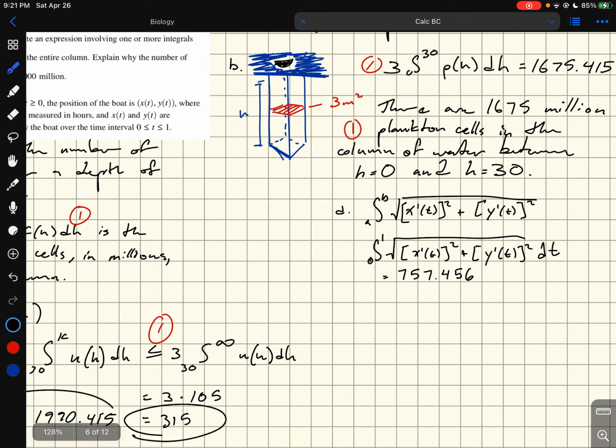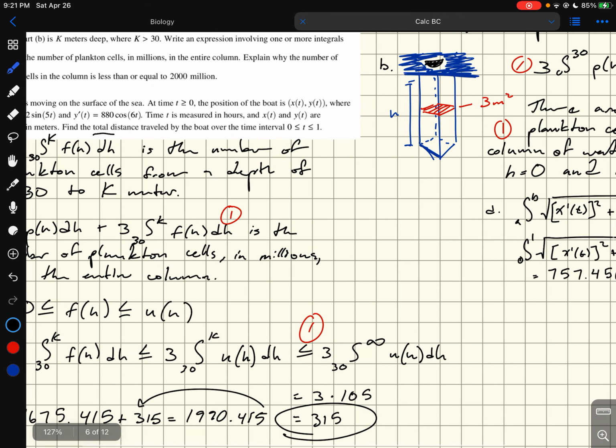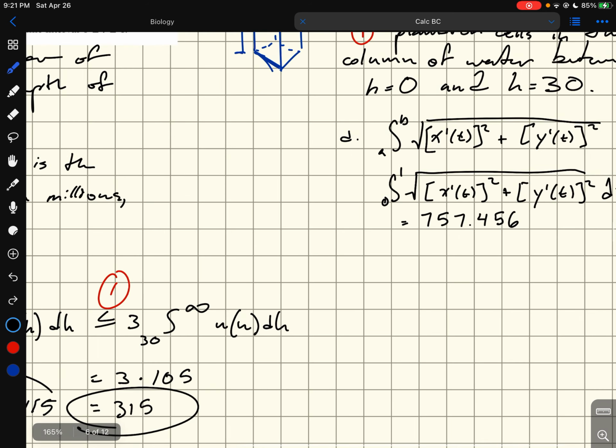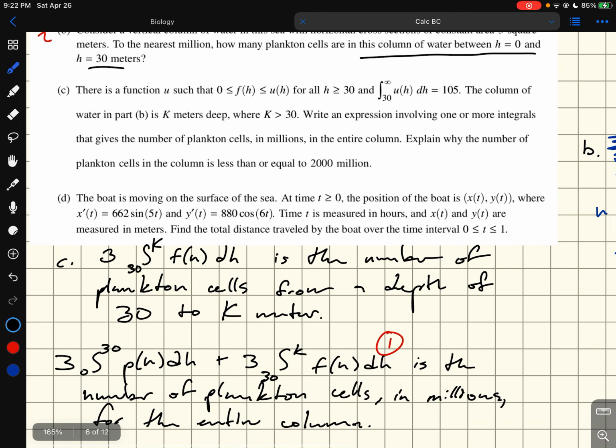And then remember, write your sentence. They were asking for the total distance traveled by the boat over the time interval 0 to 1. So I'm going to write 757.456 meters, because they're measured in meters.